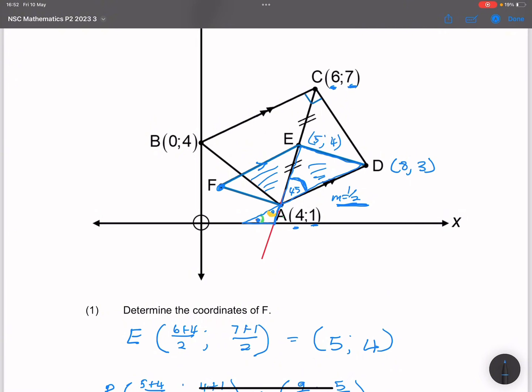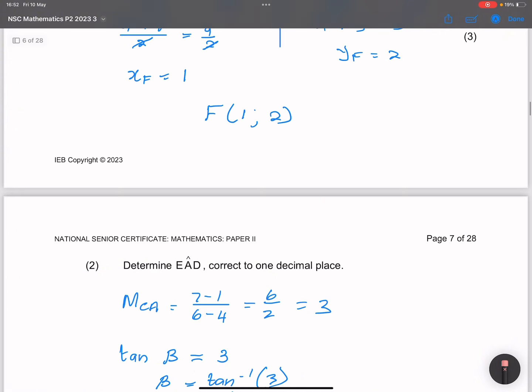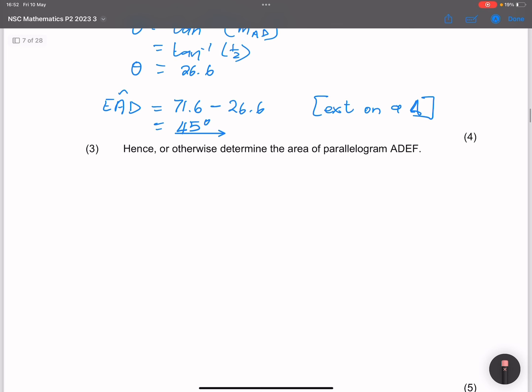So what I'm going to do, ladies and gents, let me look for the length of AD. Let me look for the length of EA. And then I'm going to use the 45 as the included angle in that case. So let's find the length of AD first. So I'm going to say AD, right? Use my distance formula there. So AD, that's the square root of, right, that's x2 minus x1 squared plus y2 minus y1.